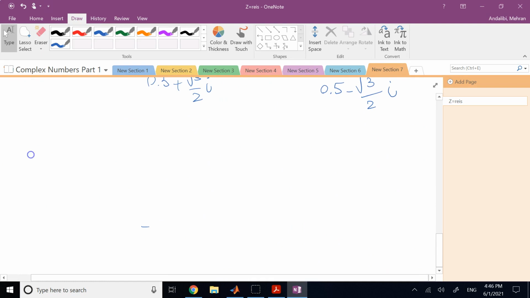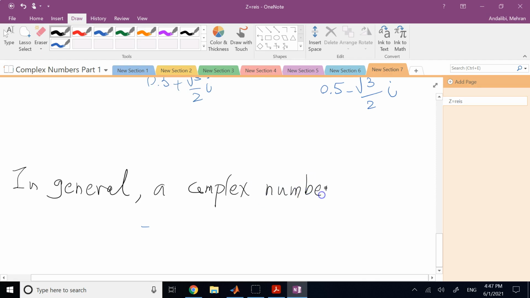So in general, a complex number z has n nth roots.